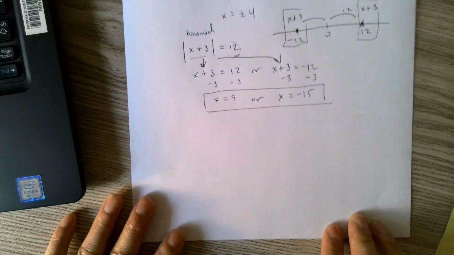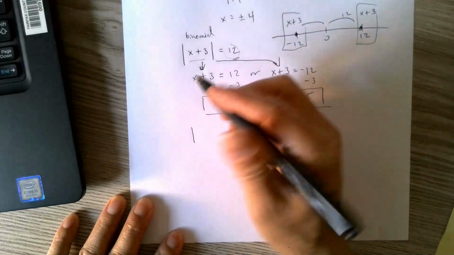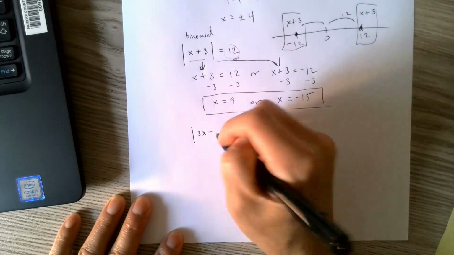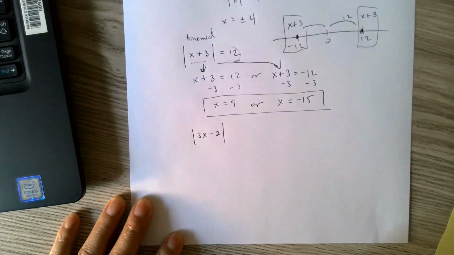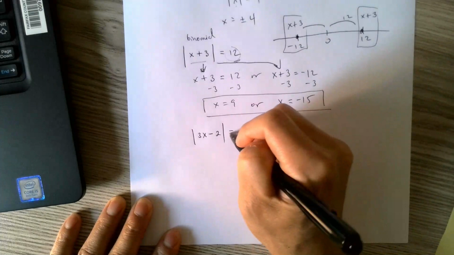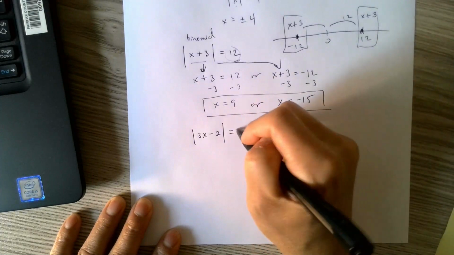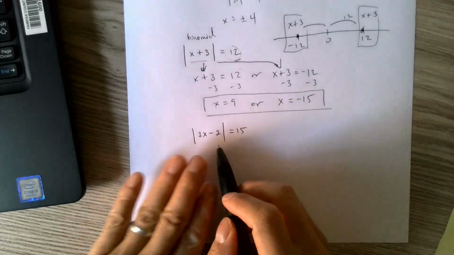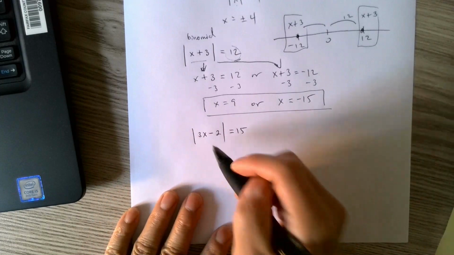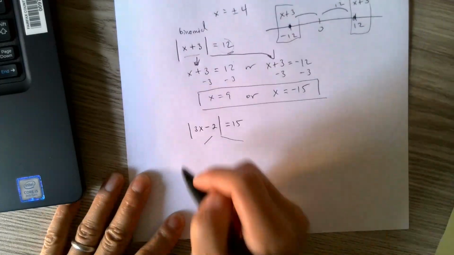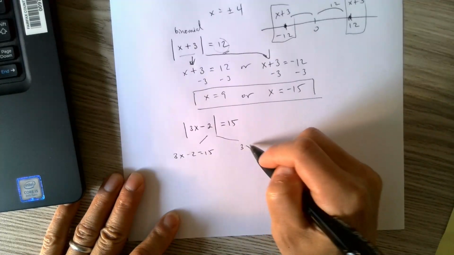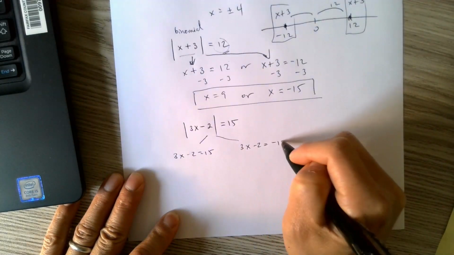Okay, let's try it with something even more complicated. Absolute value of 3x minus 2 equals, let's say, 15. Okay, so my absolute value is isolated, so I will now split it into my two equations. 3x minus 2 equals 15, or 3x minus 2 equals negative 15.